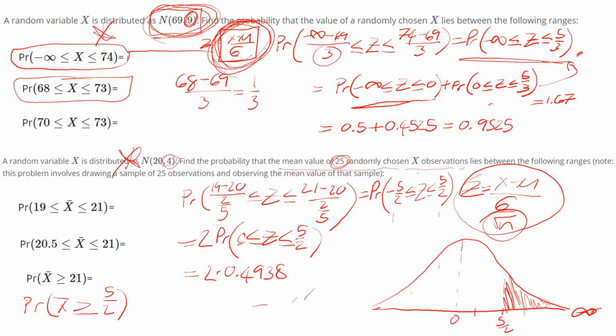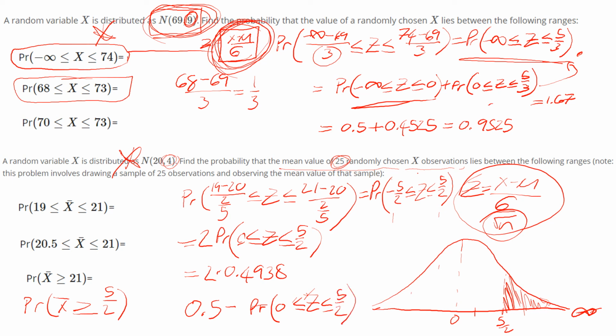So, how do we approach this one? Well, again, the Z table gives you values from 0 all the way to infinity, and in fact, the probability that Z lies between 0 and infinity is 0.5. So you can just write that down, and then you can subtract from that the probability that Z lies between 0 and 5 over 2.